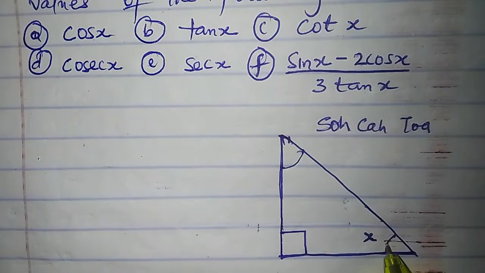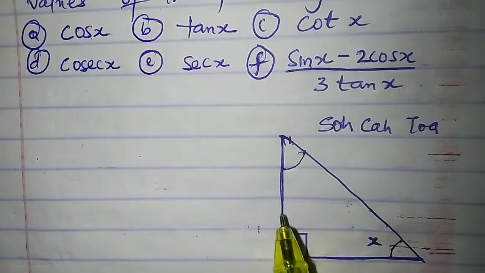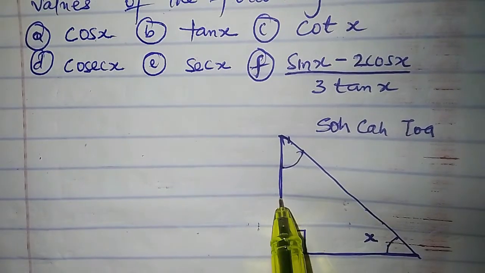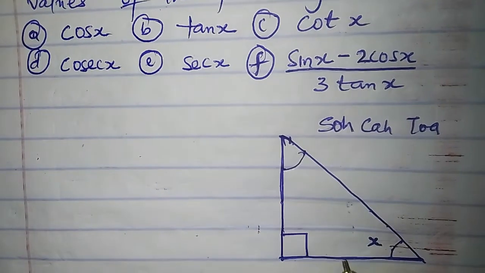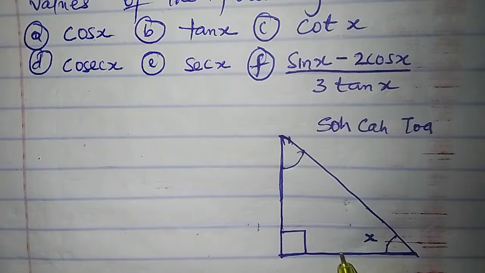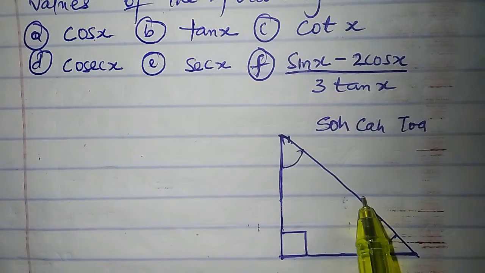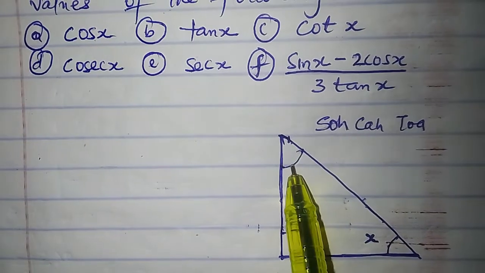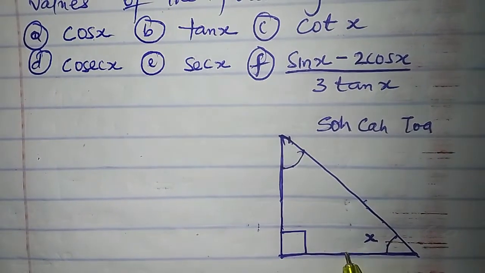So if I'm placing my angle here, this side automatically becomes the opposite, and this becomes the adjacent. This is always the hypotenuse because it is the longest side. But if I place it here, this will be the opposite. Take note.